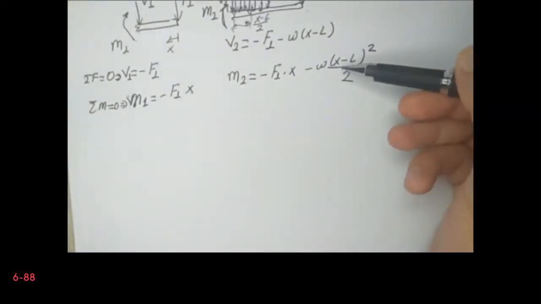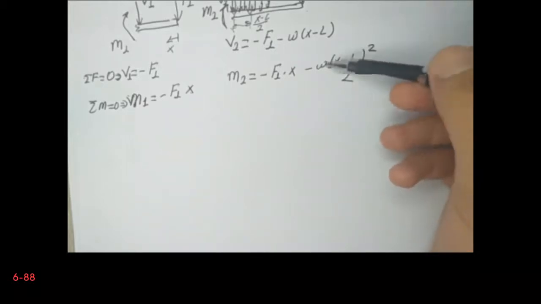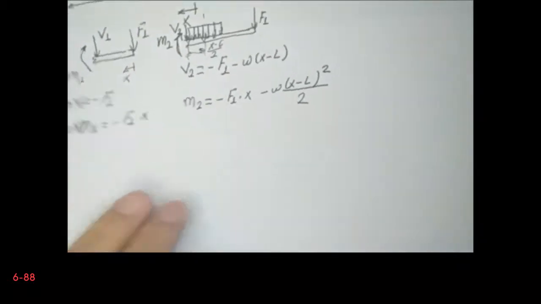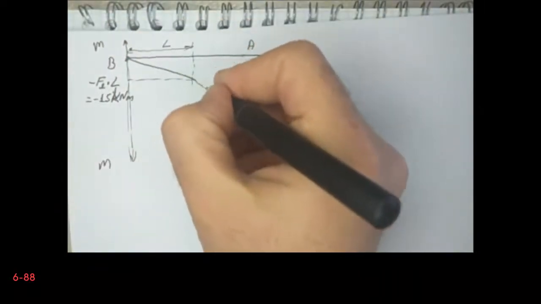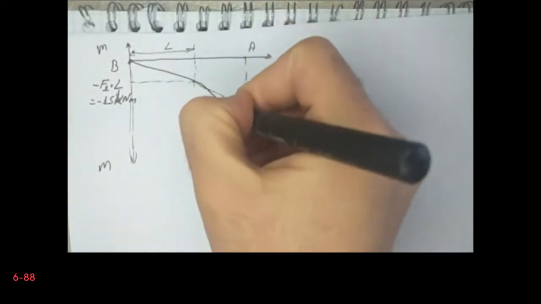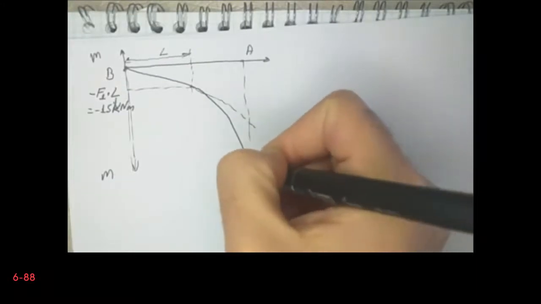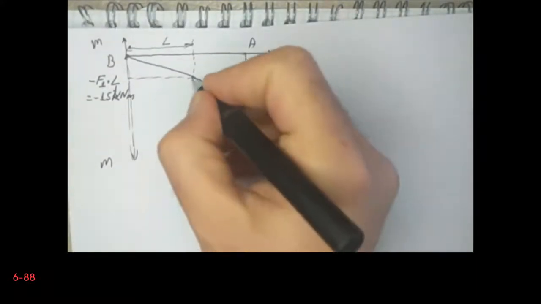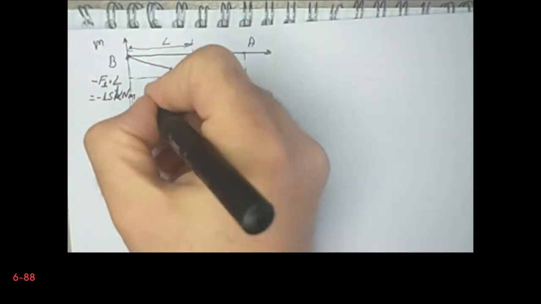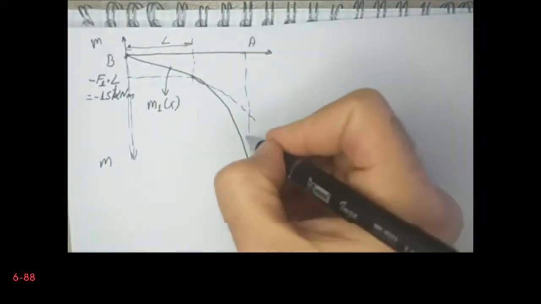Then from x equal to L, you have this parabolic contribution, and as a result it will increase parabolically. So this is M1x and this is M2x.